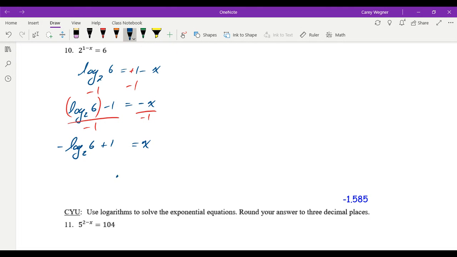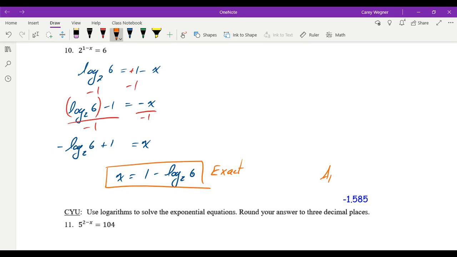Or we could say that x is equal to 1 minus the log base 2 of 6. Again, this would be our exact value answer. If you're ever asked for an exact answer, it'll be an expression with logarithms, typically. If you're asked for an approximate answer, that's where we put it into decimal form and we round appropriately.